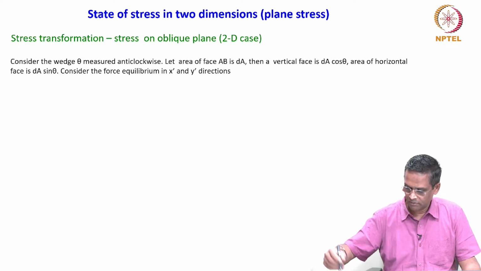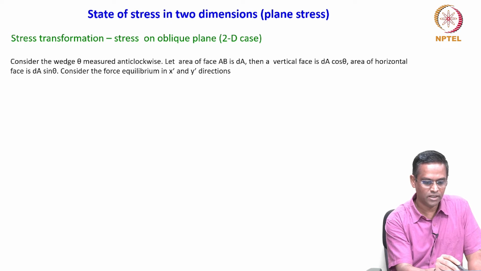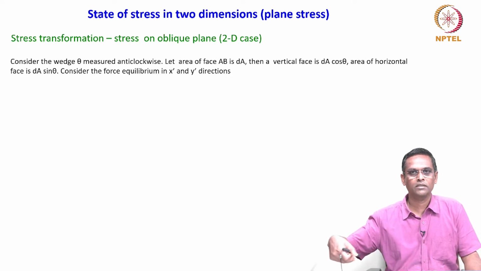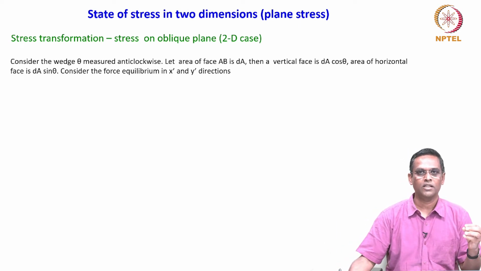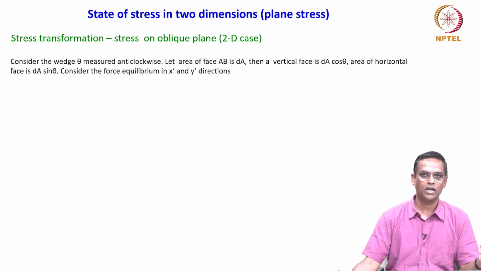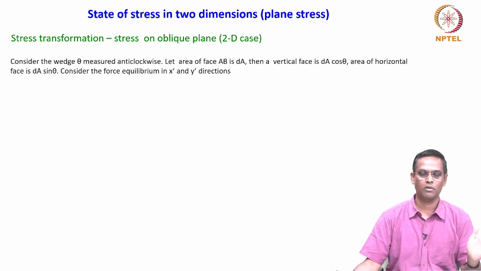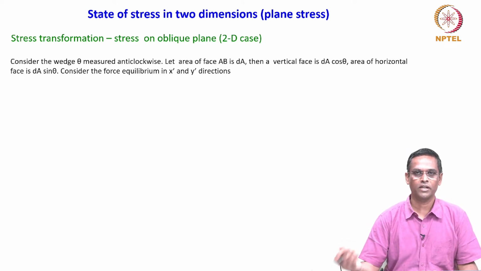And before we go there, we are also going to consider the stress transformation, right? That means the stress on an oblique plane. It is not that we are going to describe a stress at fixed coordinates or a fixed position. So, we would like to look at the stress at a point and its influence, if it changes orientation from one coordinate system to another; the effect of orientation also has to be accounted for.